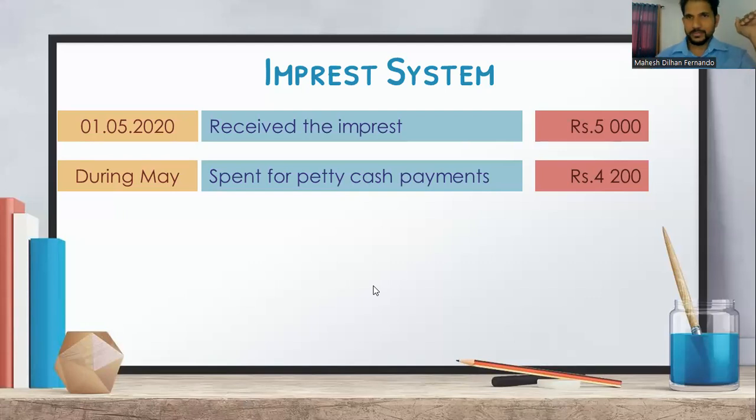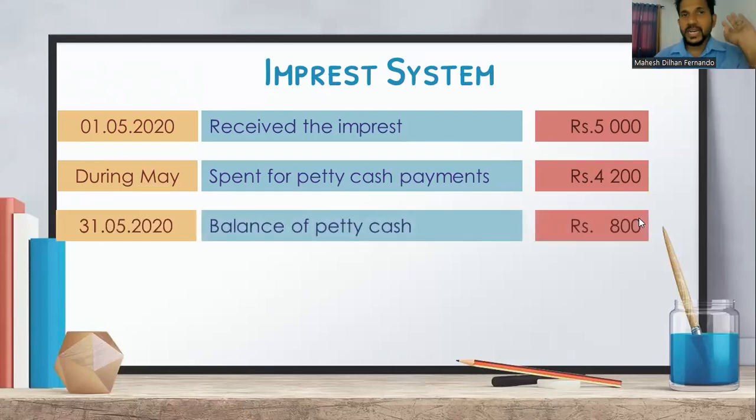Yes, the opening imprest is 5,000 and the petty cash spent is, very good, 4,200. Now, with the petty cashier, there is a balance of 800.